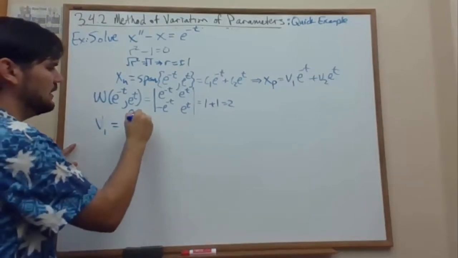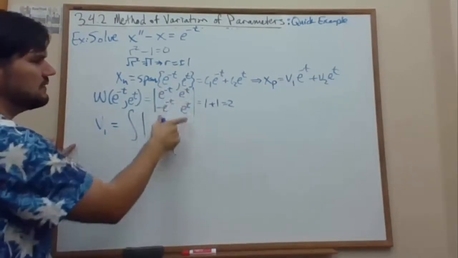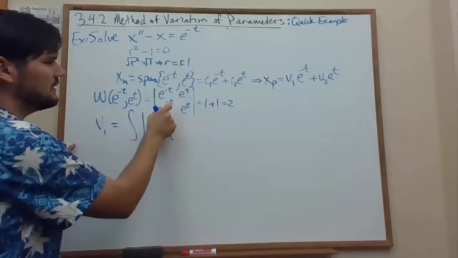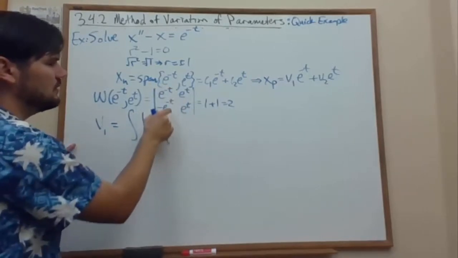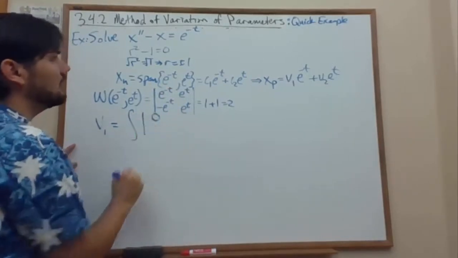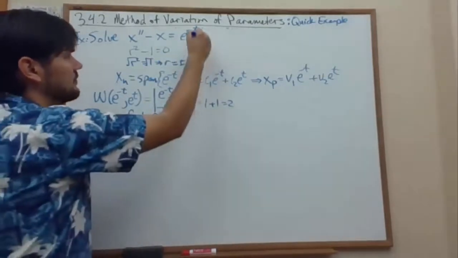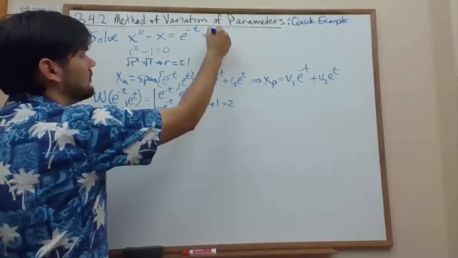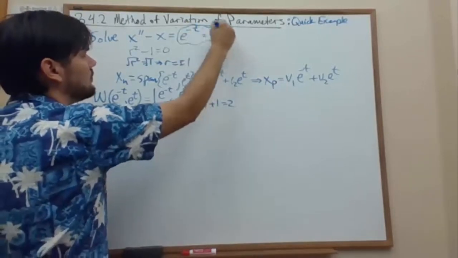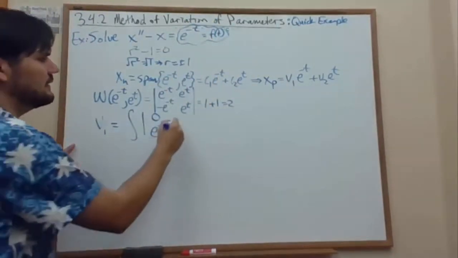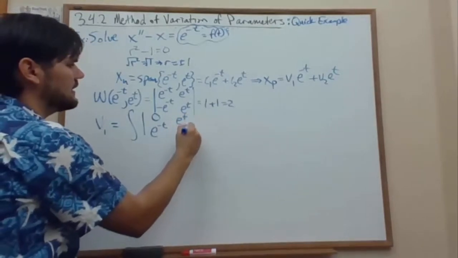V1 is the integral of our modified Wronskian, so replacing this first row with 0 and f of t. In this case, it's e to the negative t. And e to the t stays the same.